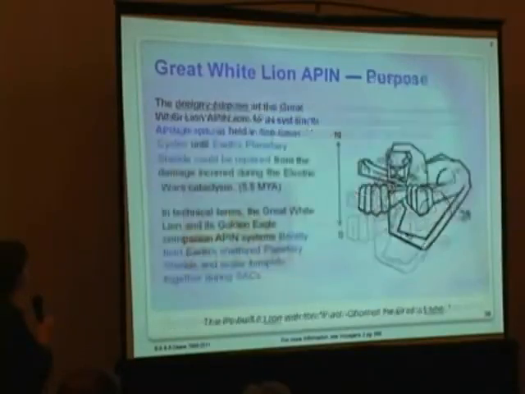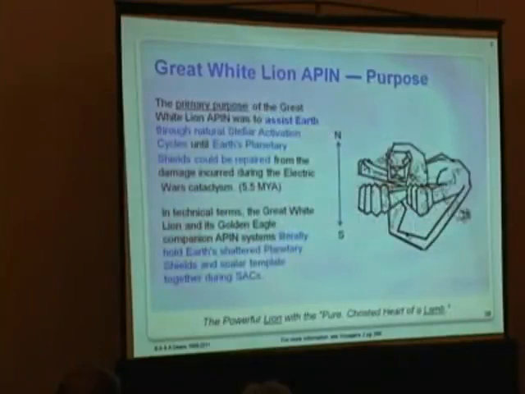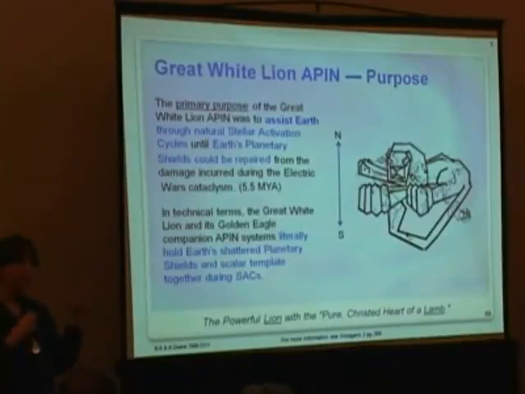So the primary purpose of the Great White Lion was basically to assist Earth through the stellar activation cycle. Because 5.5 million years ago, during the electric wars, the Earth's shields were in very, very bad shape. As I said earlier, the great white lion is the guardian of the verticals, and the golden eagle is the guardian of the horizontals, and it weaves a blanket of protection.